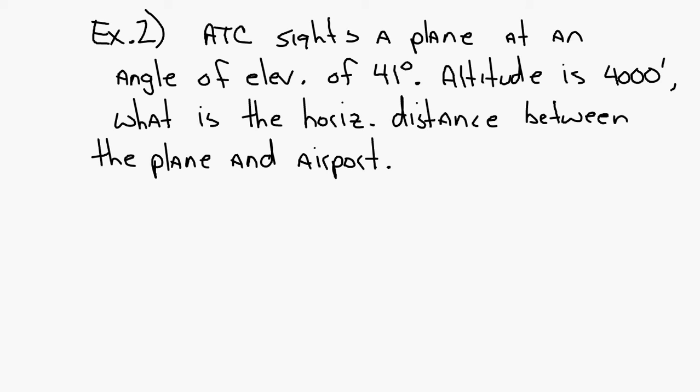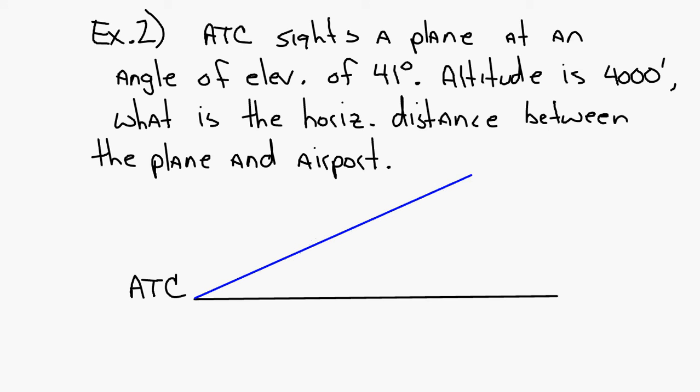So what your picture is going to look like: an air traffic controller sights a plane at an angle of elevation of 41 degrees. Now here's the air traffic controller. Here's a horizontal. Here's a line of sight above the line where he sights the plane.